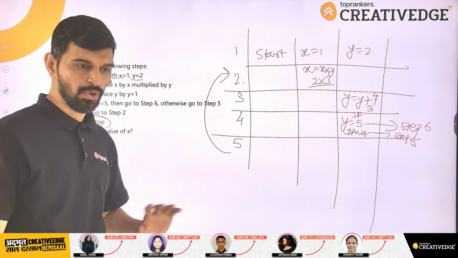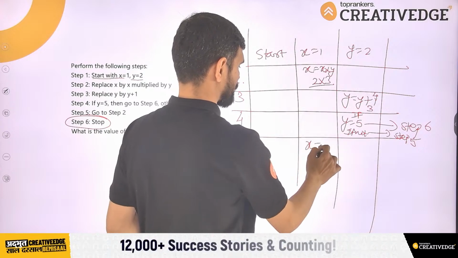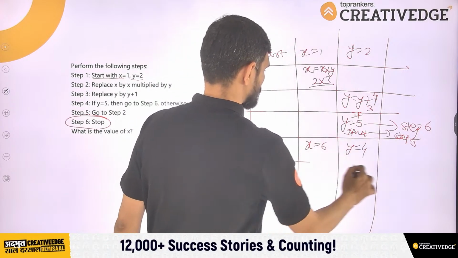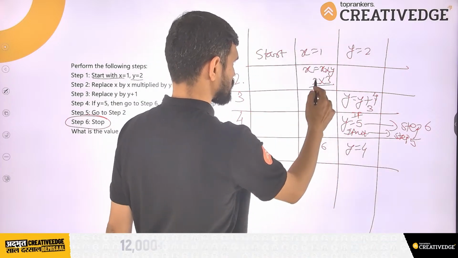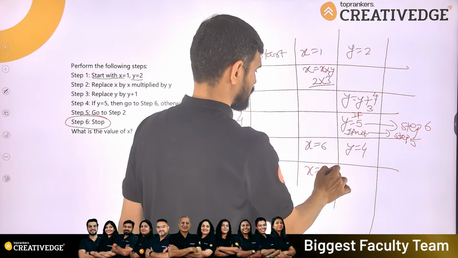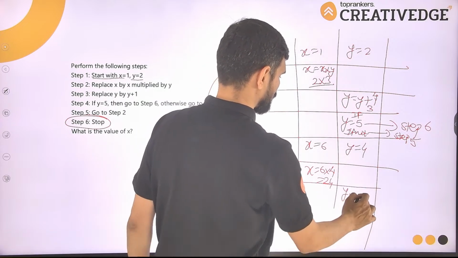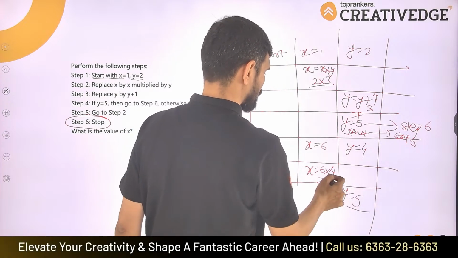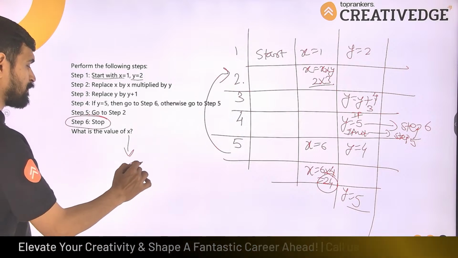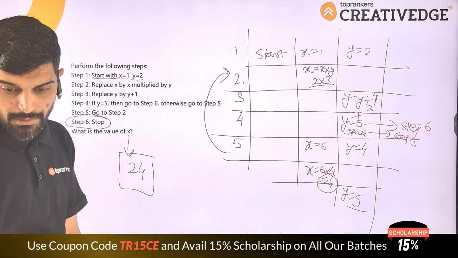Is y 5? No, not yet. But your x has become 6 and the value of y is 4. So you come back to step 2 and do x into y. This time you will write 6 into 4, 24. At step 3, y will become 5. And if it is 5, we will stop and the value of x will be 24. All right.